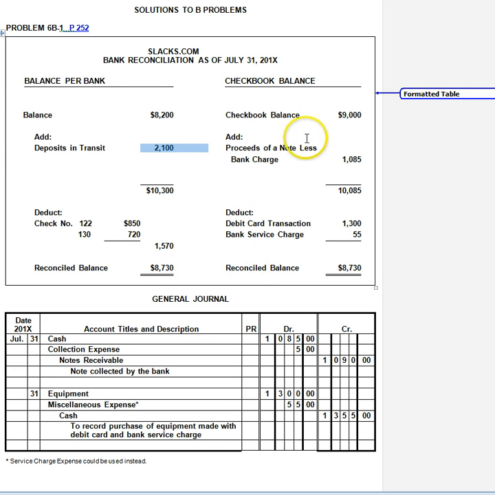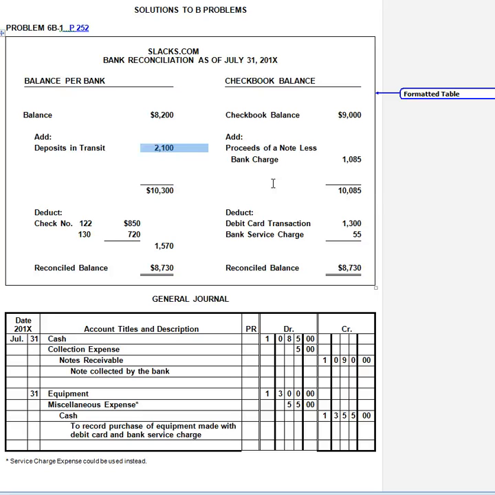And on the other side of the reconciliation, you're going to see an item, if you're with me in the book here, it indicated that in item E, our bank, the name of our bank is French Bank, collected a note for us. We are slacks.com. So this guy, whoever owed us the money, they don't mention the name of the maker of the note, but they sent the check to pay the note directly to our bank instead of paying us.